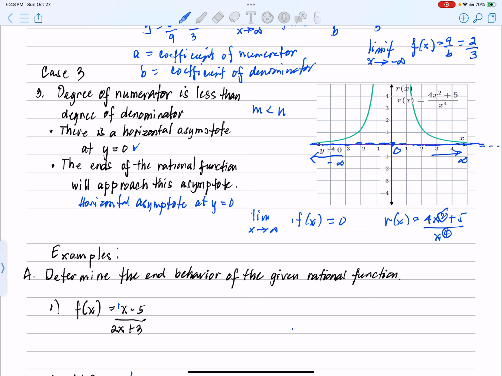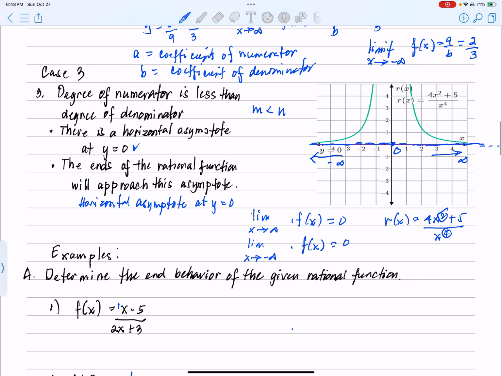That means as we keep plugging in any number greater than 0 to the right, as it approaches positive infinity, we will get 0. So the limit as x approaches negative infinity, the function of x equals 0.